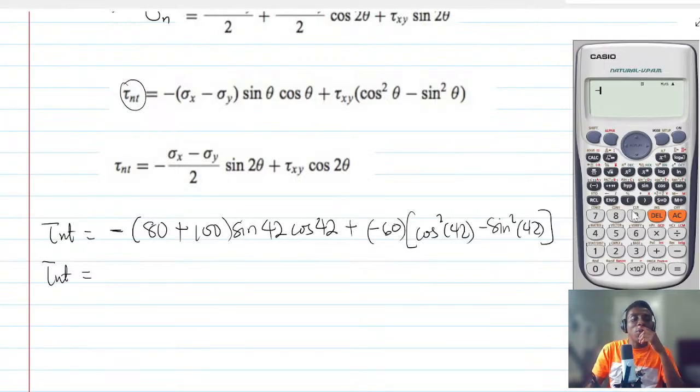So basically it's supposed to be minus 80 plus 100, sine 42 cosine 42, plus minus 60 and then multiply by cosine 42 squared minus sine 42 squared.